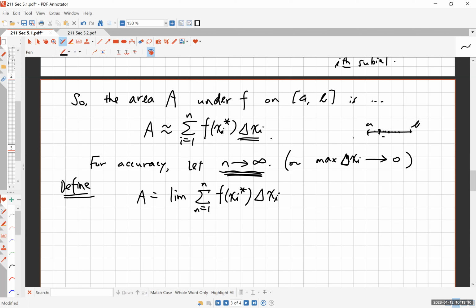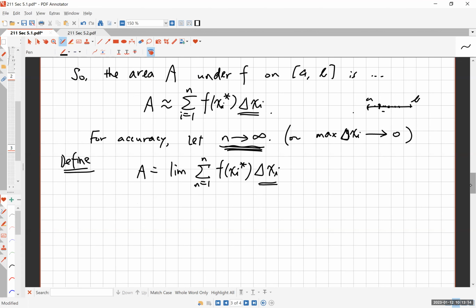And I'm going to use a general case where we don't require the subintervals all to have the same length. The limit of this as the maximum delta x_i approaches 0. Okay, so that's the area under the curve.